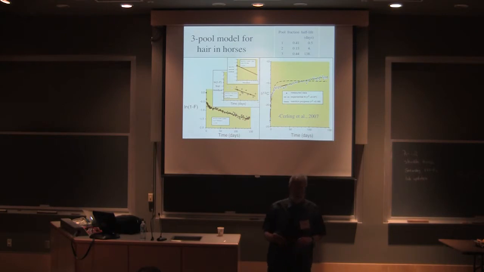Now in Seth's talk after the coffee break, you will see that what goes into protein tissues has a lot of different components. Okay? So hair is made up of what, Seth? 30 different amino acids, of which 15 make up most of the mass.